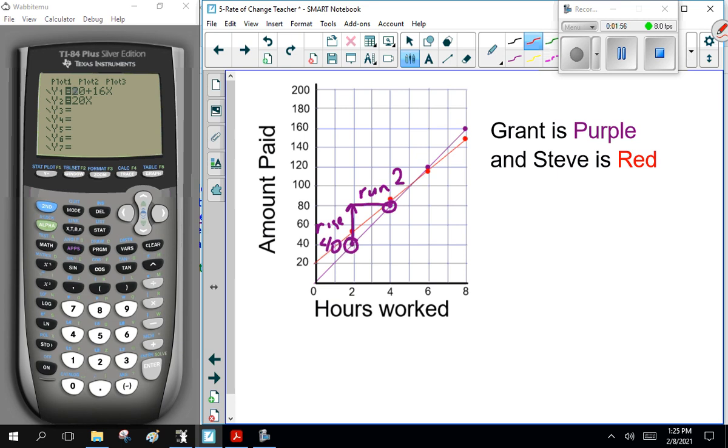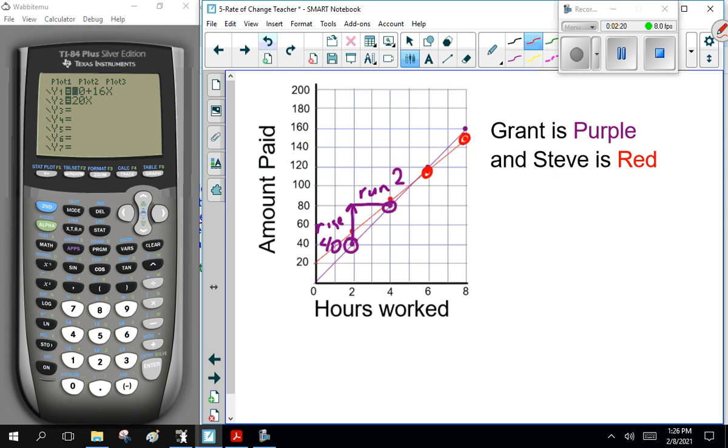Choose two points, this one and this one. It's a little hard. It's not quite, a little less than 120, a little more than 140. Here's the problem: reading points off the graph sucks.